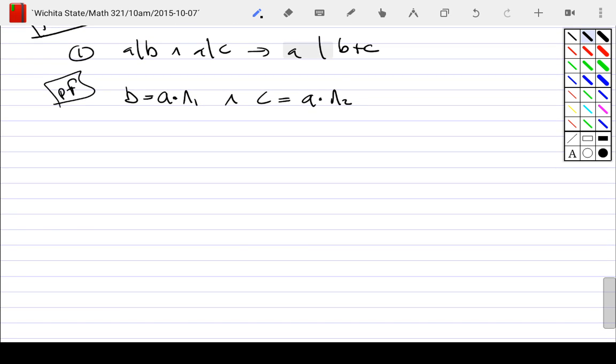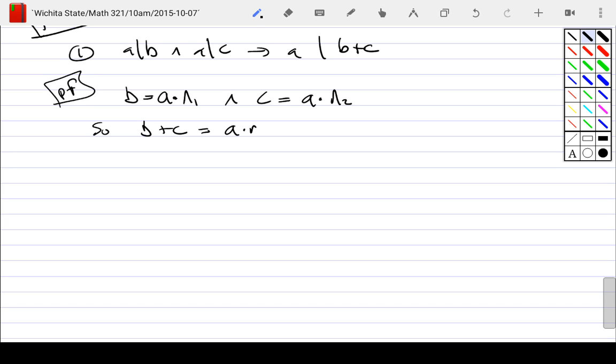Here's a question. What's my goal? A must divide B plus C. What does that mean? A times an int must equal B plus C. Well, if this above is true, what is B plus C? What am I allowed to do in algebra? Can I replace things with their equal? What's B?